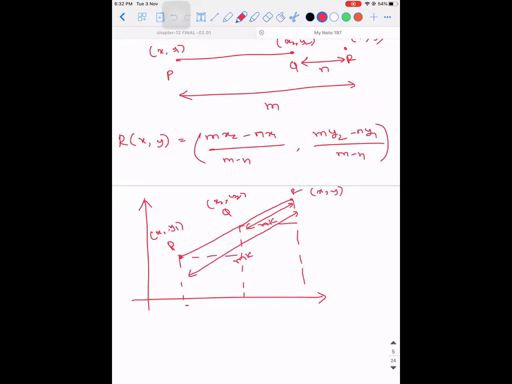Now tell me, what is this distance? What is the distance that I have taken? X2 minus X1, sir. Similarly, this distance is X minus X2, sir. Okay, it is X minus X2.